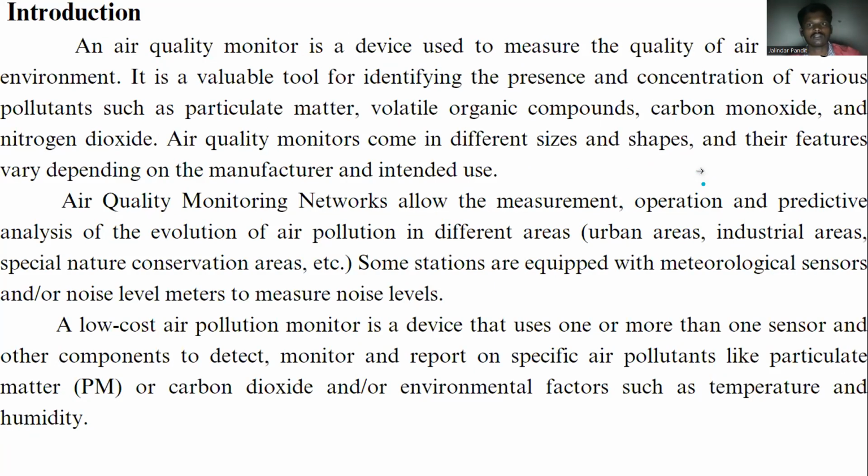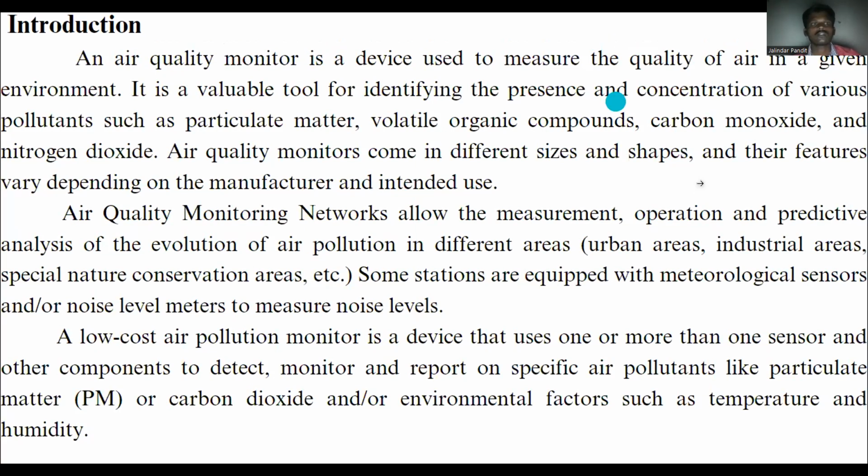So first of all, introduction. An air quality monitor is a device used to measure the quality of the air in a given environment. It is a tool for identifying the presence of contaminants and pollutants such as particulate matter, carbon monoxide and nitrogen dioxide.